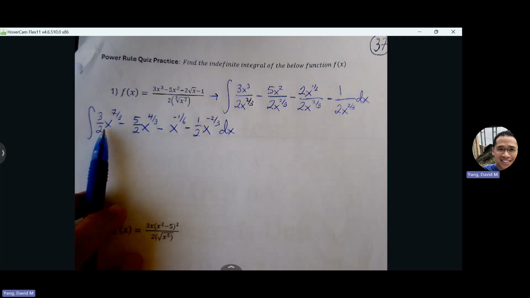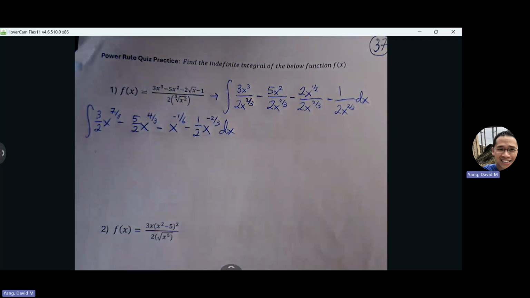Okay, so now our next step, apply Power Rule: add 1 to the exponent and divide by the new exponent.